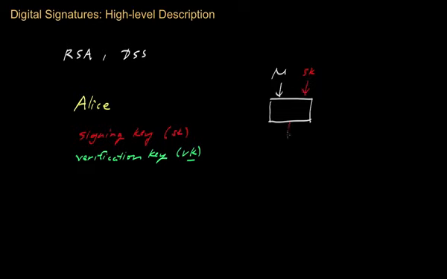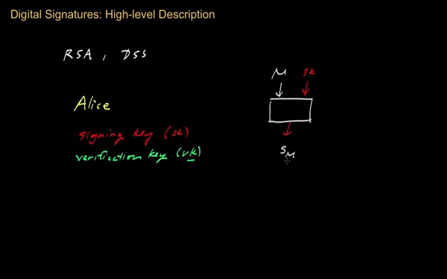The output of that transformation will be a special sequence of numbers that we call the signature on the message M. The signature is derived from a combination of the message M together with Alice's private signing key, and it's going to produce a short, ideally relatively short, sequence of numbers as an output.